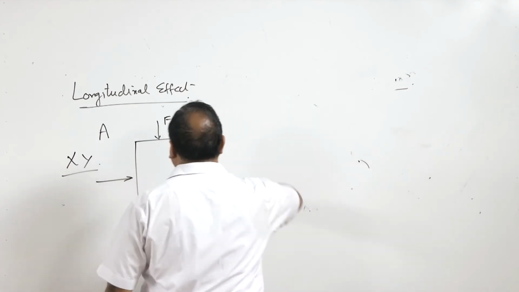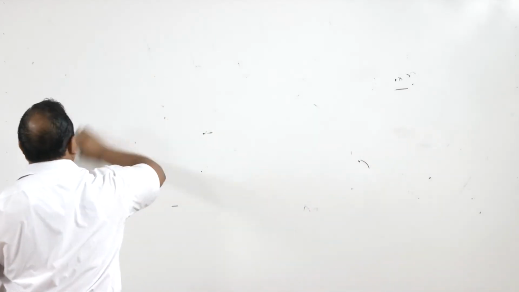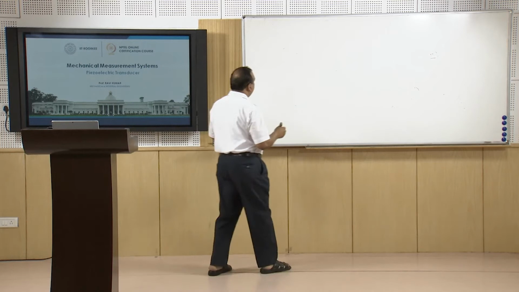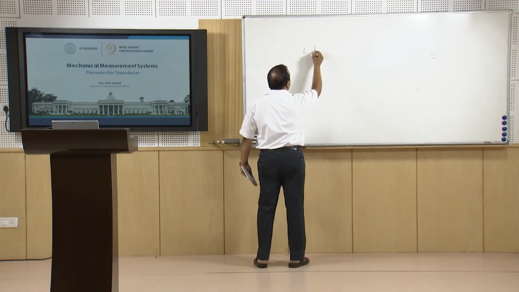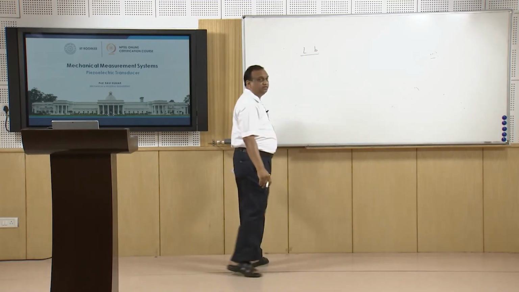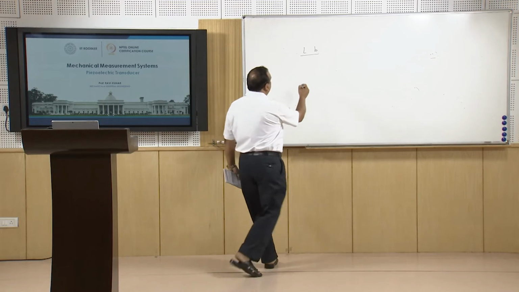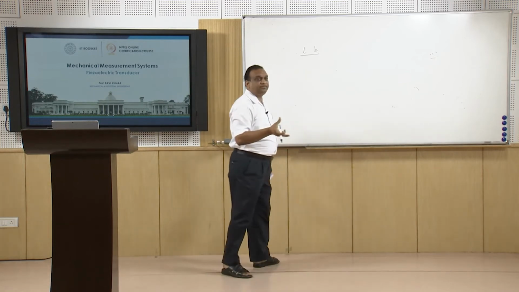Now, if L and B are the length and breadth of the surfaces, right? In that case, the capacitance, because the opposite faces charge is developed.